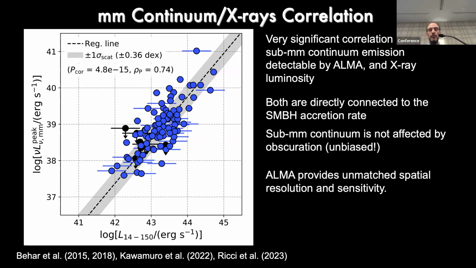But also, thanks to ALMA observations, we can now reach spatial resolutions of about 0.1 arcseconds or so. So we are able to identify dual AGN systems using the sub-millimeter continuum with ALMA observations.